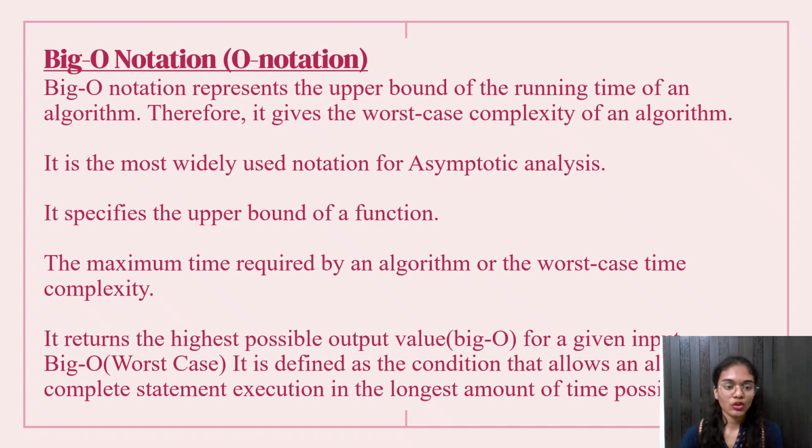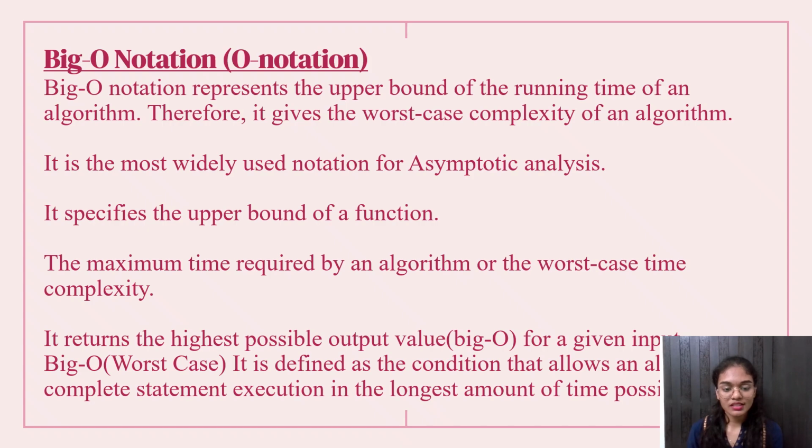Now, big O notation. Big O notation represents the upper bound of the running time of an algorithm. Therefore, it gives the worst case complexity of an algorithm. It is the most widely used notation for asymptotic analysis. It specifies the upper bound of a function, the maximum time required by an algorithm, or the worst case time complexity.